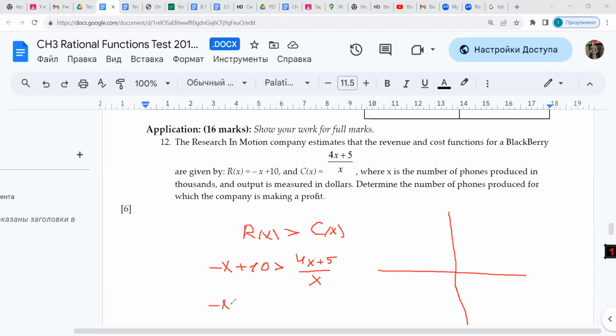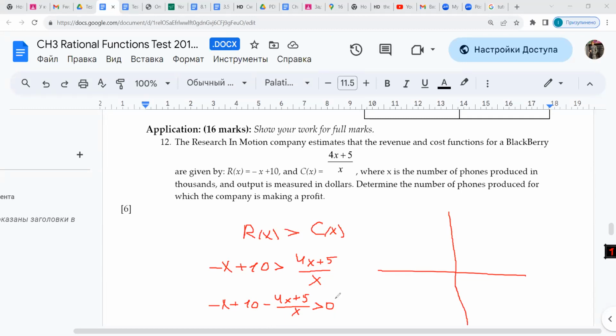So -x plus 10 minus (4x plus 5 divided by x) greater than 0. What we can do here is get rid of the denominator.